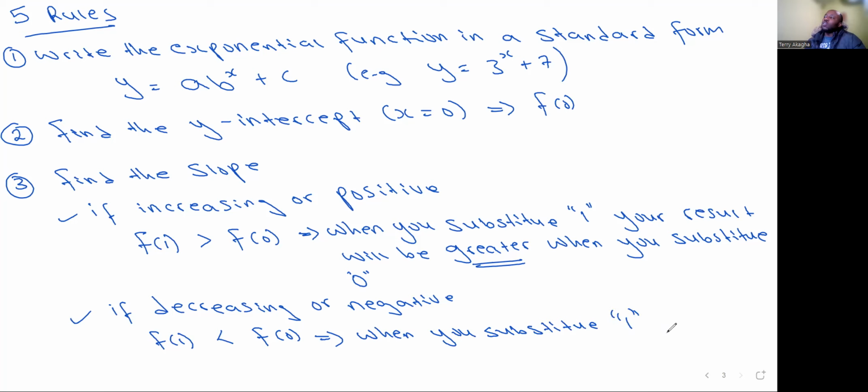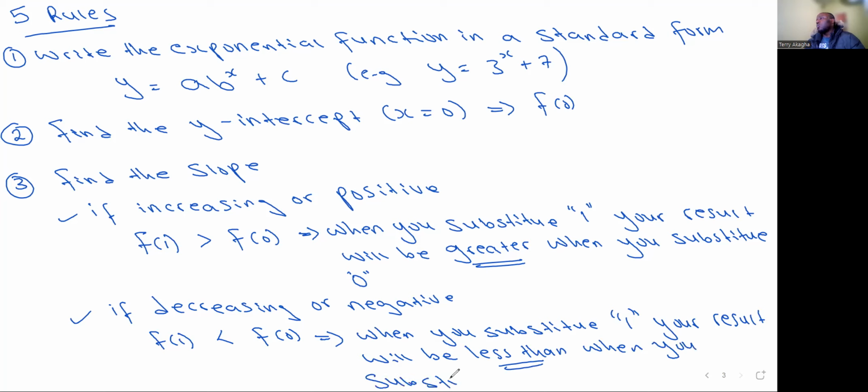The keyword here is less than. So the key thing here is that to find the slope, when you substitute 1 into the function and the answer you get is greater than when you substitute 0, it's an increasing function.